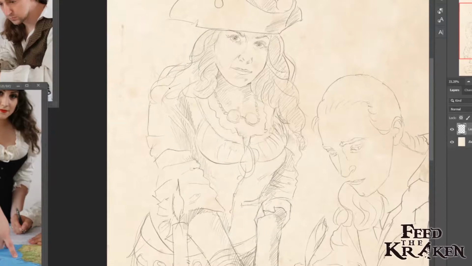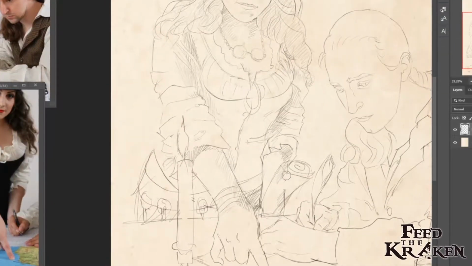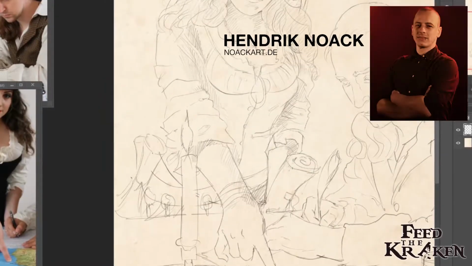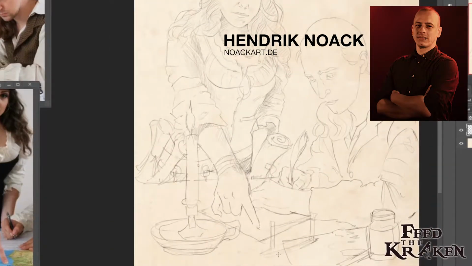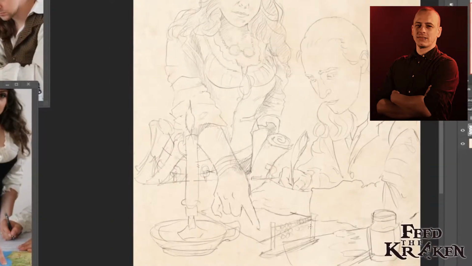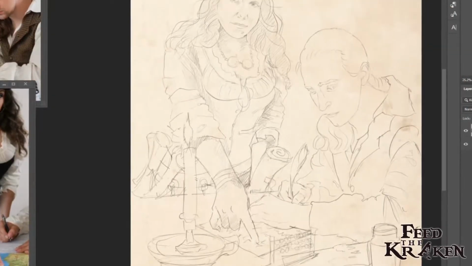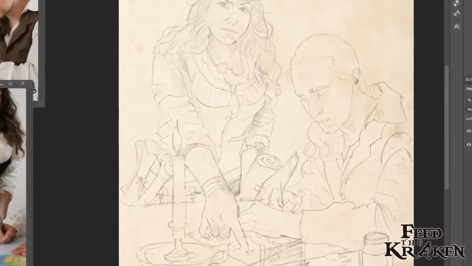How did you get to reach our goal of this awesome map that we've got? Yeah, so the basic idea for the map, after you told me about your vision, was, first of all, we thought about what does a classical navigational card look like, or what did it look like back then when pirates were roaming the seas.